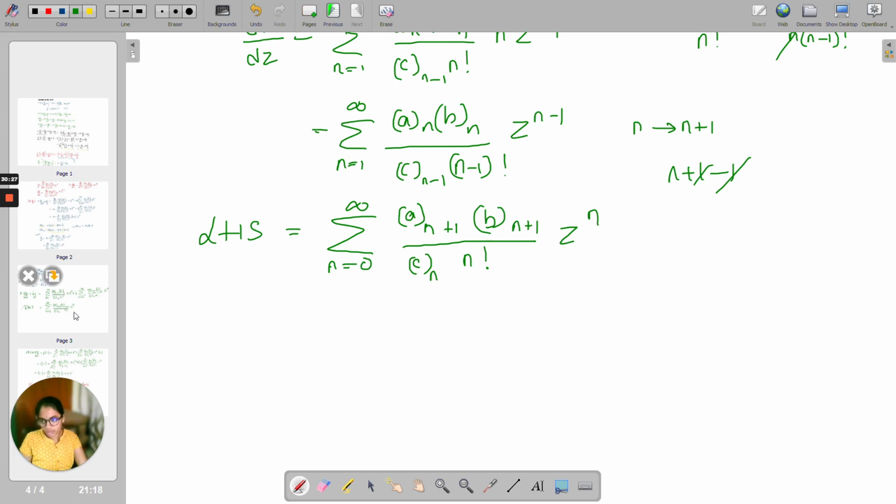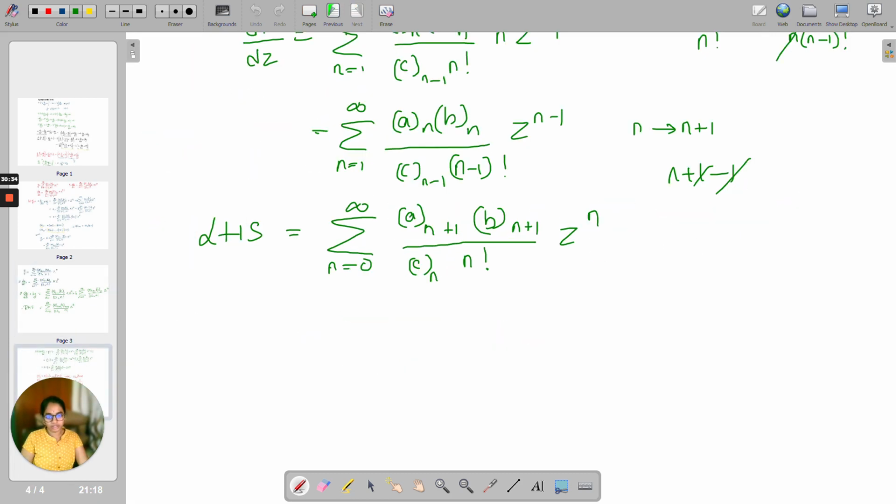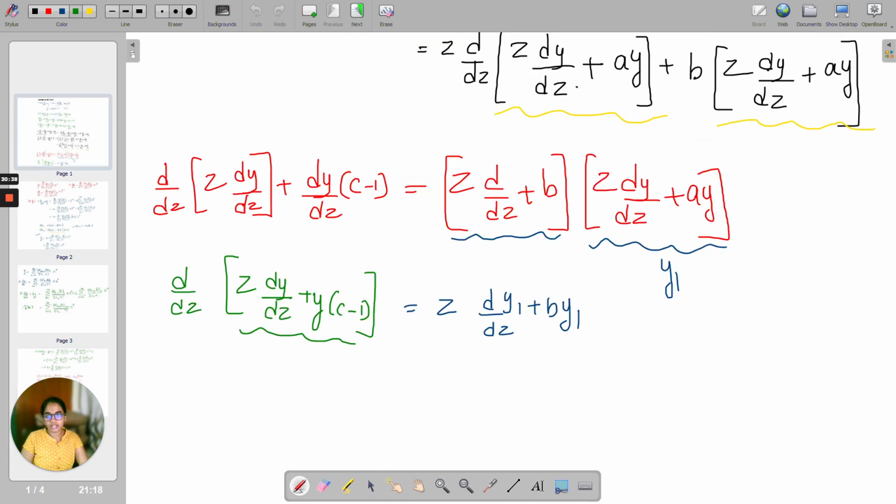Is this the RHS part? Can you compare it? Yes, n factorial z power n. So LHS is equal to the RHS.